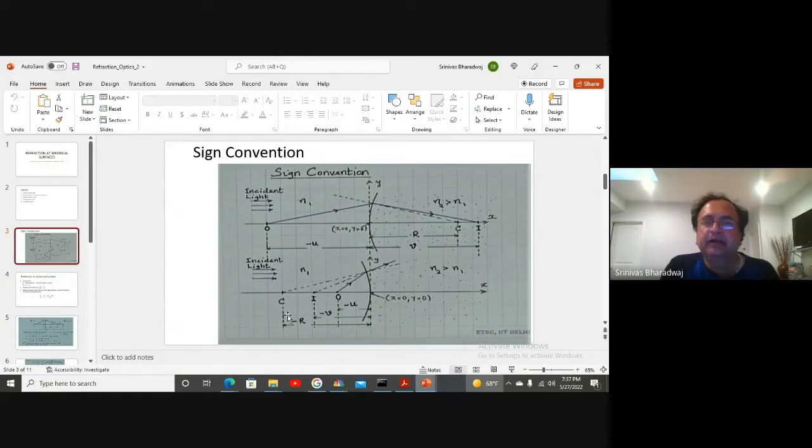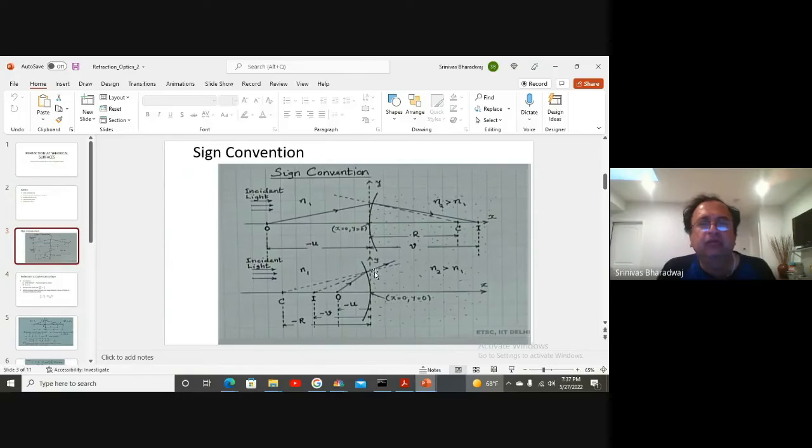Here he is saying that n1 is thinner and n2 is denser, so it's like air to glass. When he does that, and it's a curved surface, you say minus u, plus v.